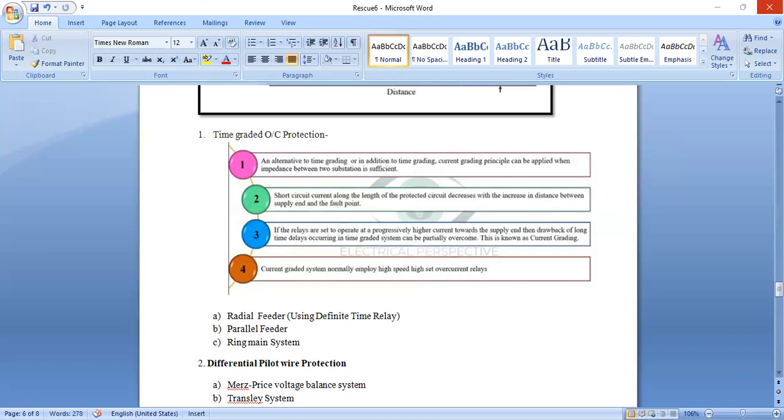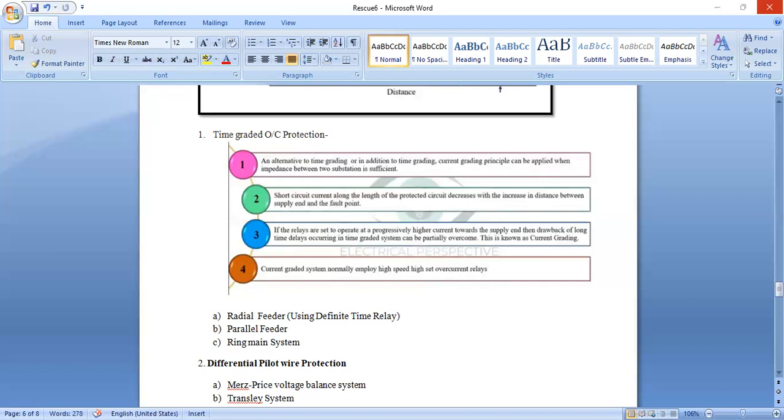I will repeat again: the time setting of the relay is so graded that in the event of the fault, the smallest possible system is isolated. So here the definite time overcurrent relays are used, whose operating time is independent of the fault current.